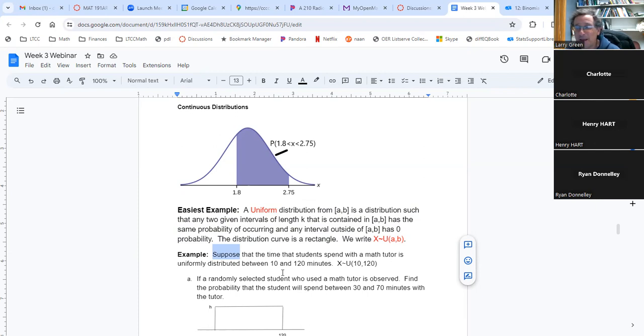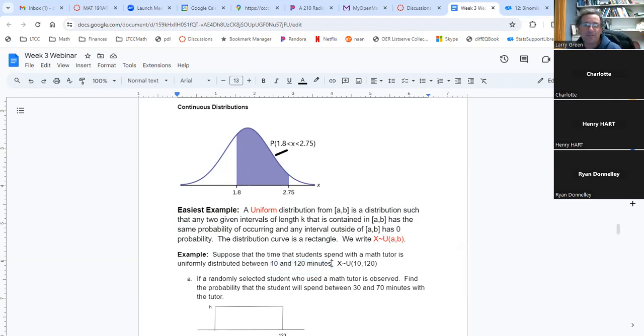Yeah, it means I totally made this up. Do not quote me as this is a fact. But I wanted to give an example that's easy to understand. Okay, so suppose it's uniformly distributed. Probably not, but let's just suppose it is. And between 10 and 120 minutes of time.